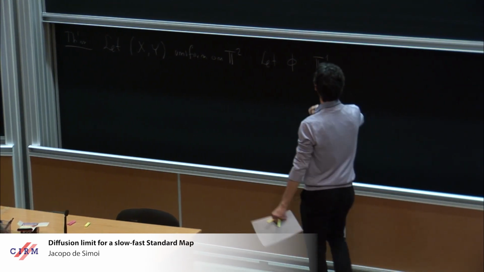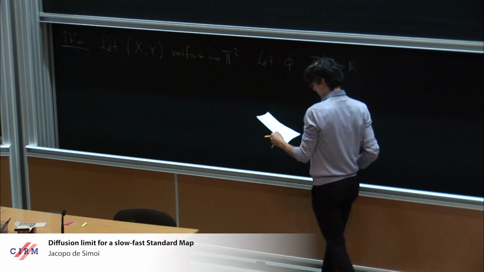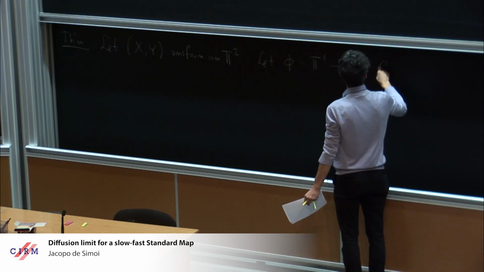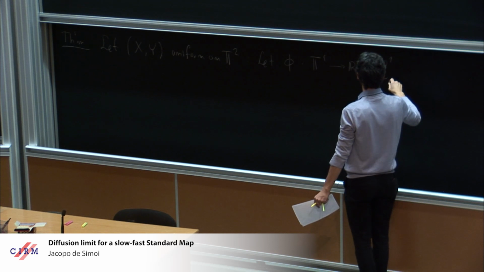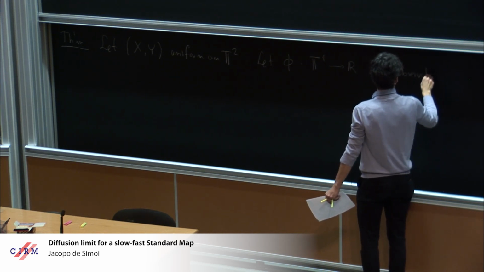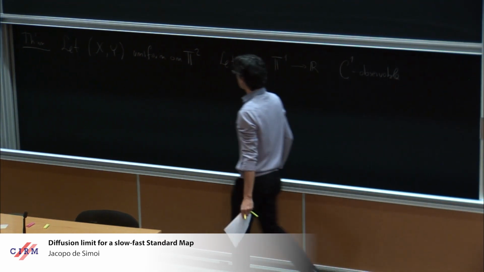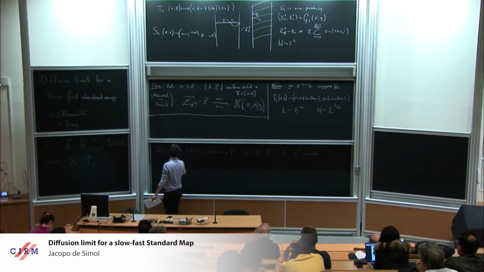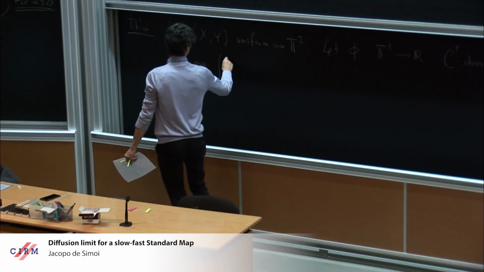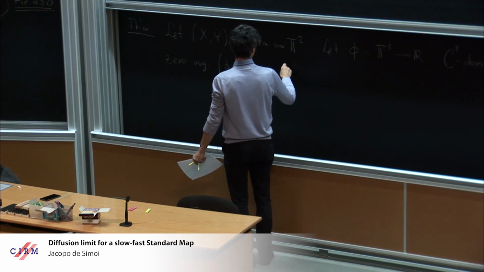So I'm just going to consider a function from T1 to R. And for simplicity, I want just to consider it to be a C1 function. I will comment in a second about this. And then I want it to be zero average. So the integral of phi is equal to 0. And not identically 0.